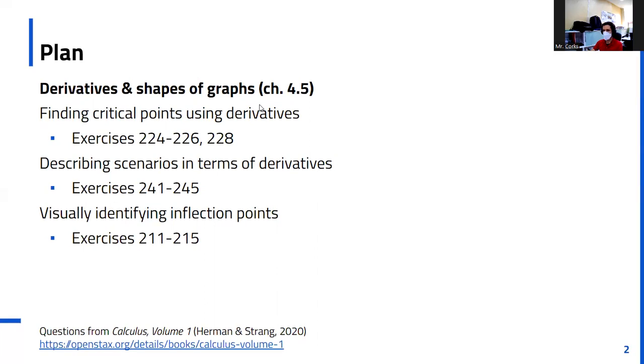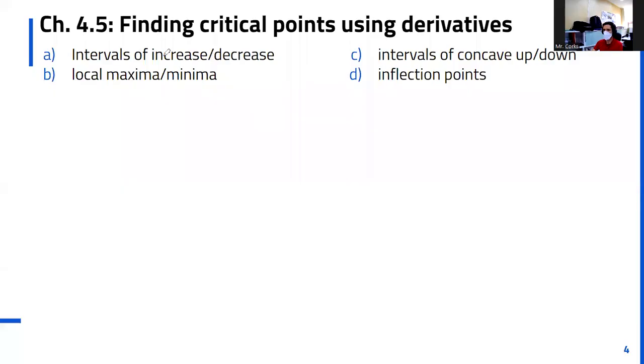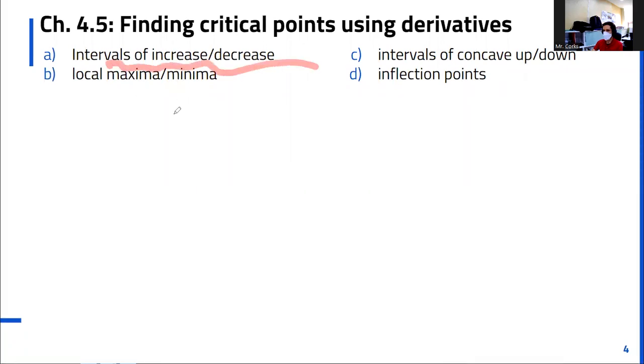Okay, so first ones here. This is asking us to find these things, so intervals of increase and decrease, we know what these are. Local maxima and minima. So just maximums and minimums, so the turning points.